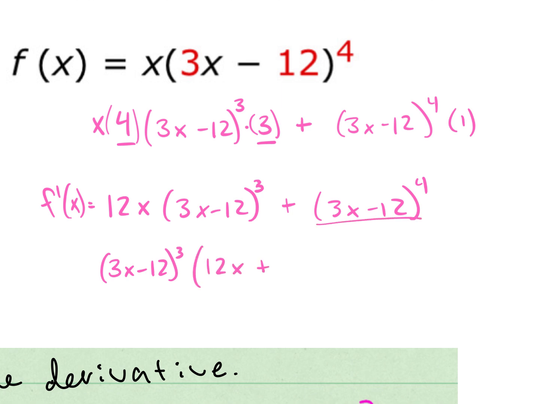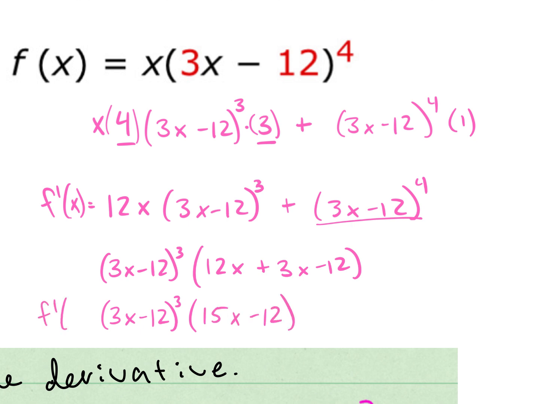When I take out a 3x minus 12 to the third power, I'm still left with 3x minus 12. So then when we combine our like terms in the last step, we have 3x minus 12 to the third power times 15x minus 12.